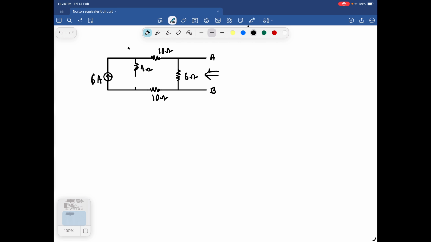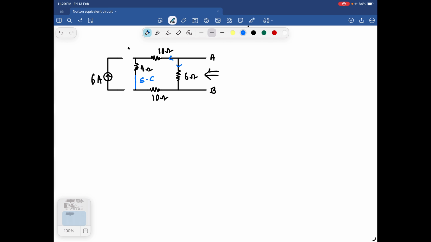That is, I will connect this one. Now we have to replace the current source by an open circuit, so we will open it. And we have to look from the terminal, that is from AB.